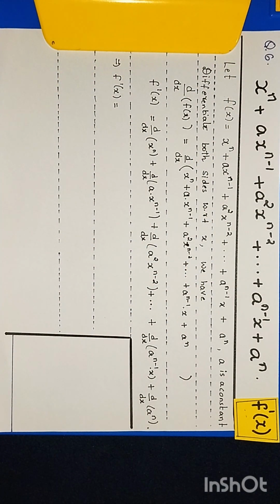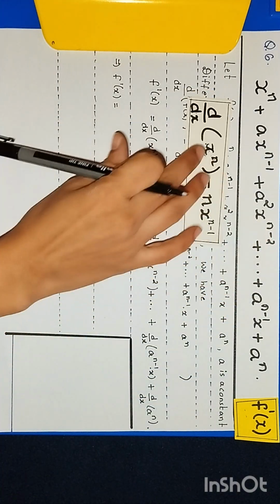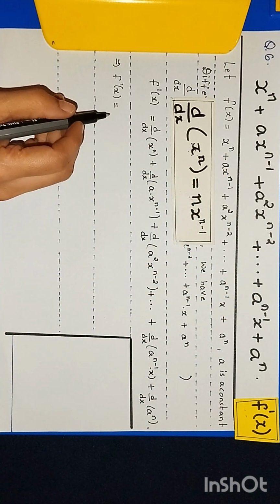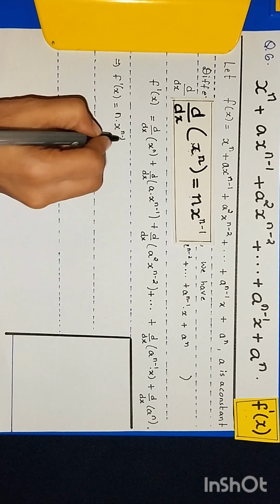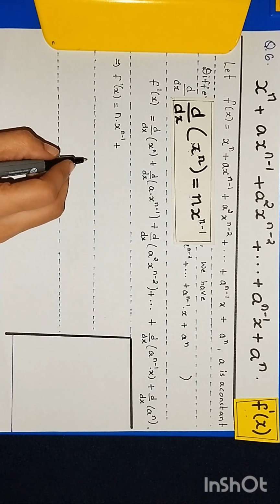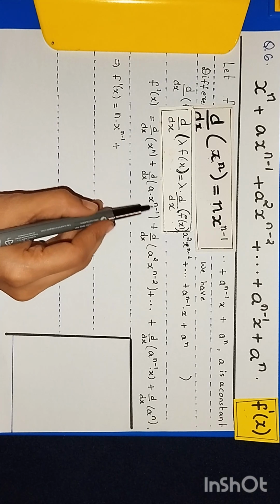Now this implies f dash of x is equal to, now we have the formula d by dx of x power n. From the power rule, when you have x power n, you write n into x to the power n minus 1, plus d by dx of a into x to the power n minus 1.